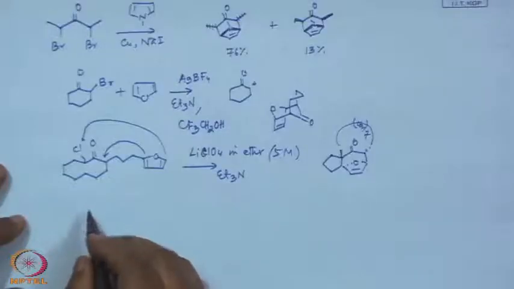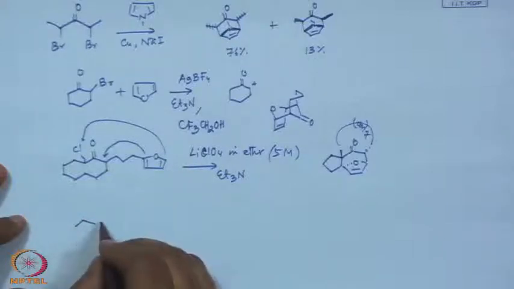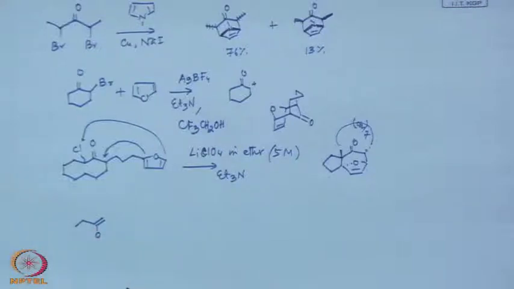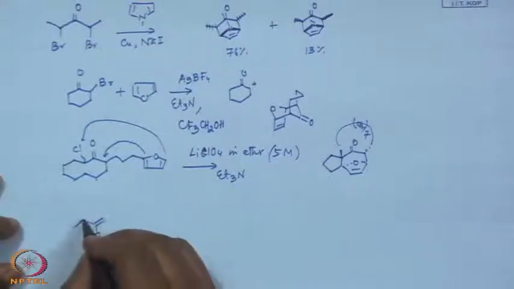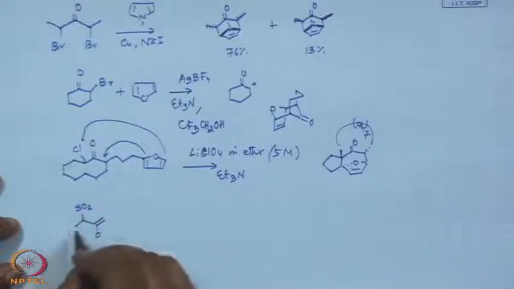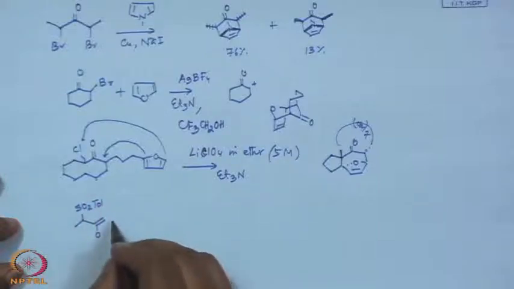For example, this substrate is again a variation of intramolecular reactions. In this case the substrate would look like this. A minimum requirement is a double bond, that is for sure, and you have to have an allylic substituent. In this case it is a sulfone with a toluene group.